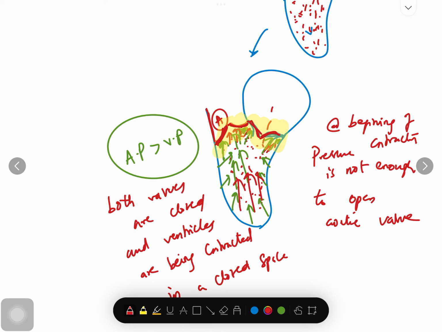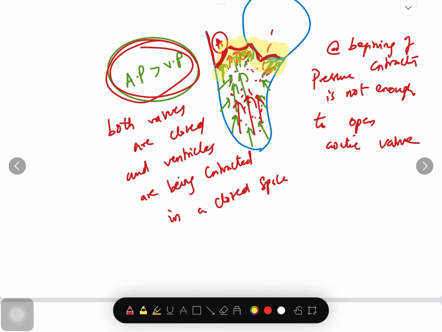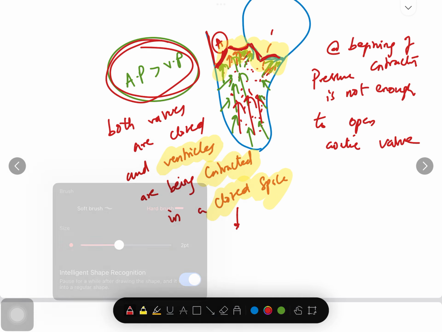Because the atrioventricular valves are closed, aortic valve is also closed, and the ventricle is contracting itself to open this aortic valve, but the pressure is not sufficient. So because of this, it is not able to open the valve.